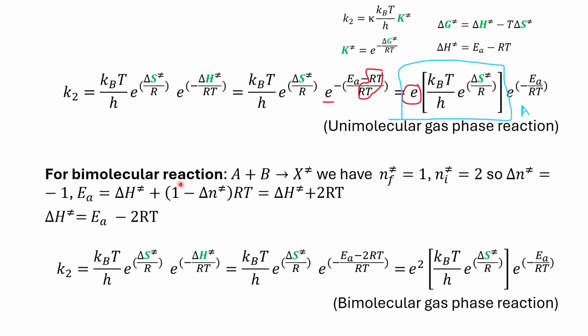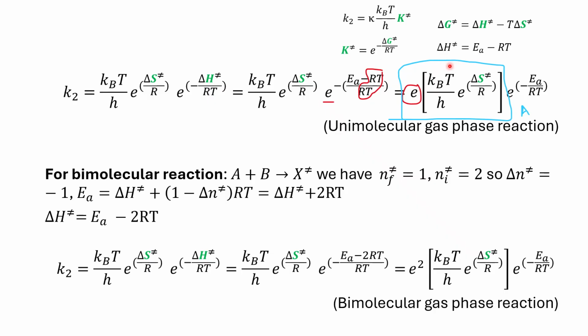The relationship between the activation energy and the delta H for the activated complex differs depending on the reaction molecularity, and this affects the resulting Arrhenius pre-exponential factor when we express the Eyring equation in terms of the activation energy. For the unimolecular gas phase reaction, as we have derived, delta n for the activated complex equals 0.